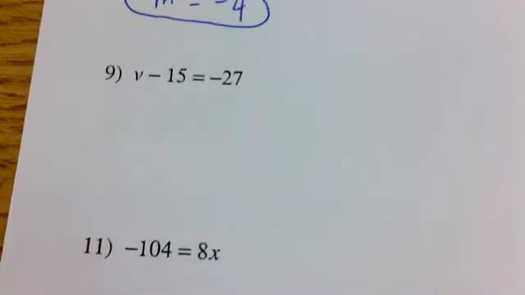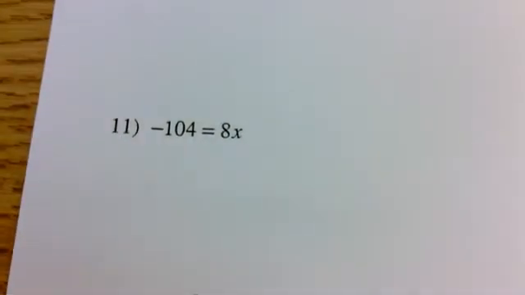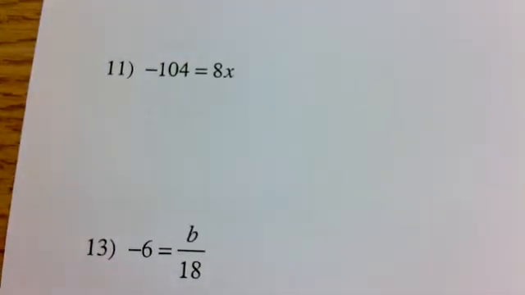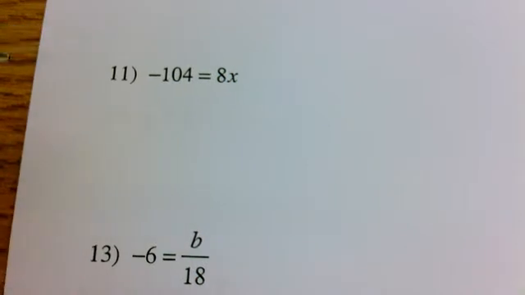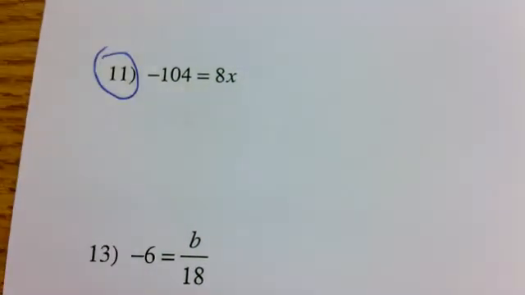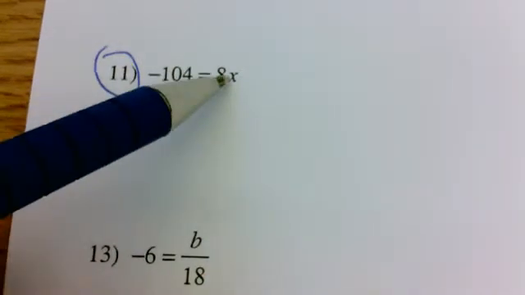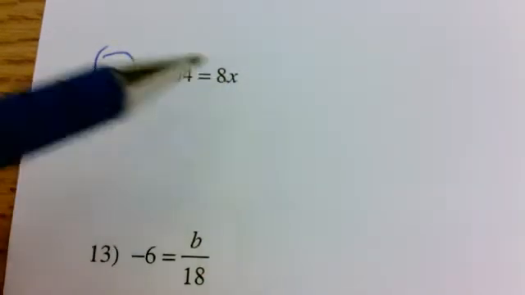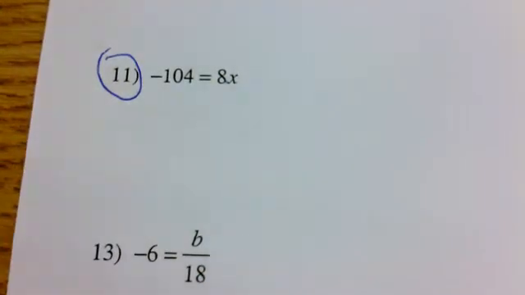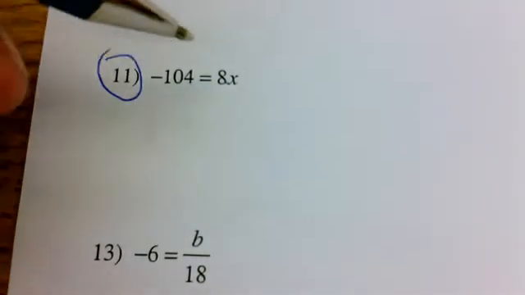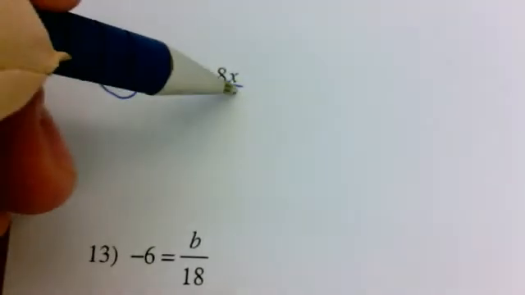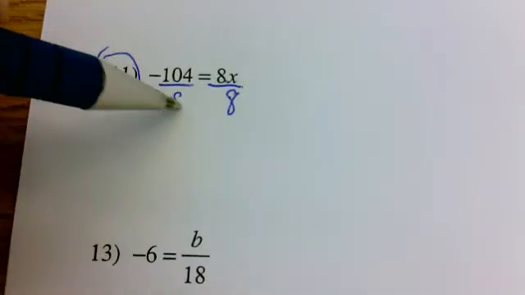Then from here we did the last 2 odd problems, and number 11 was the first one that we did in class for notes, where if there's no plus or minus in between the number and the variable, then that indicates multiplication. Again, the inverse operation, the opposite of multiplication, is division, so I'm going to divide both sides by 8.